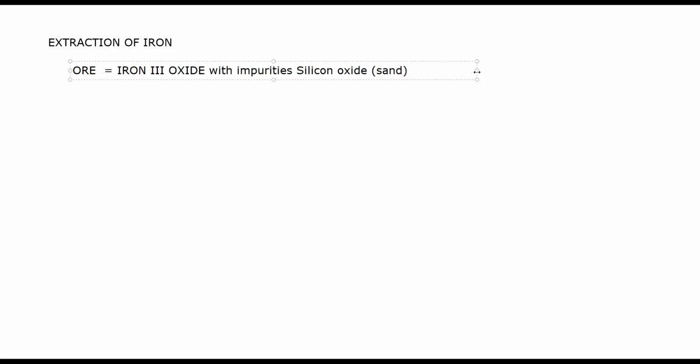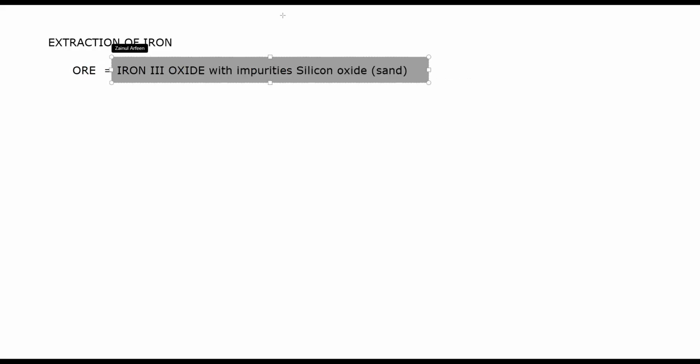So there is the ore of the iron. Ore means the naturally occurring compound. Means in nature how a substance exists, we call that as ore. So it is basically iron oxide or iron 3 oxide. And this ore has a common name: iron oxide with impurities such as silicon oxide.